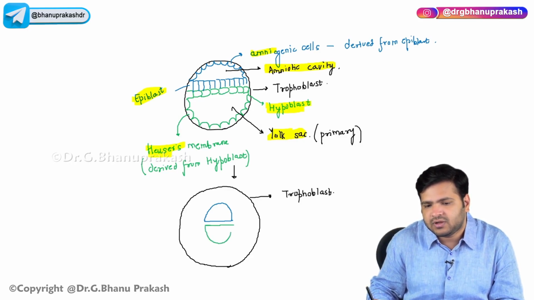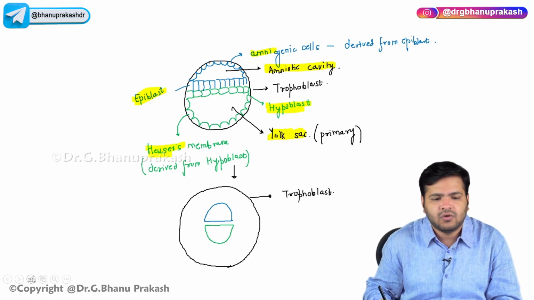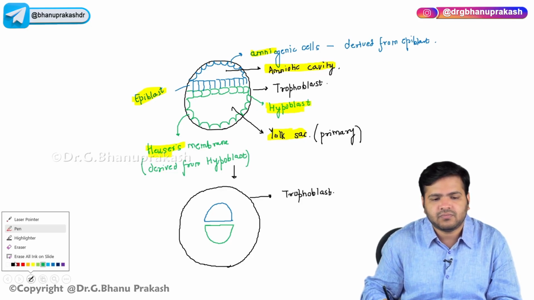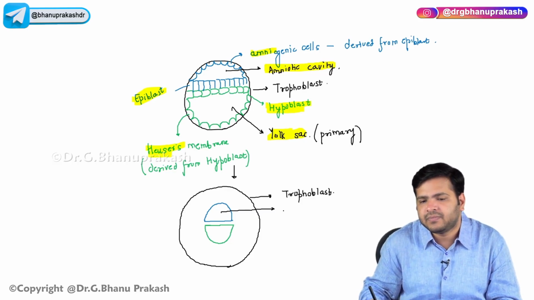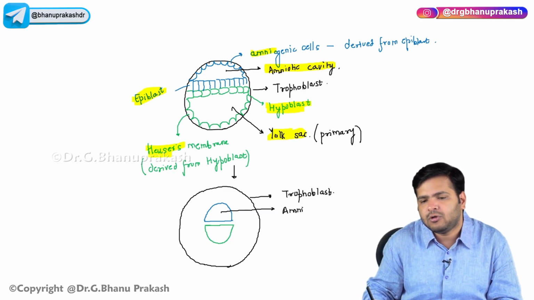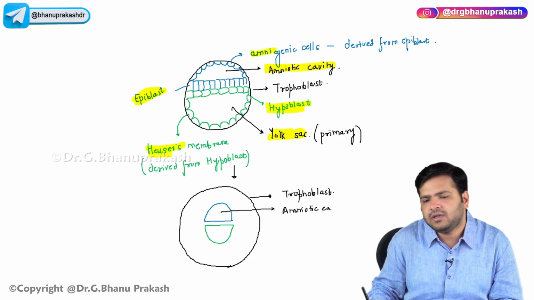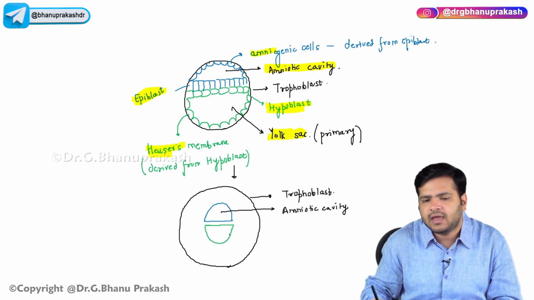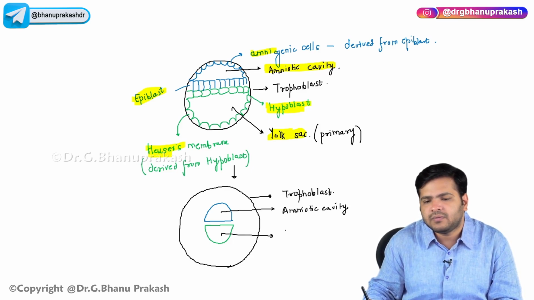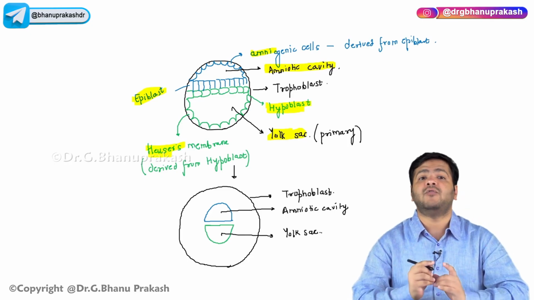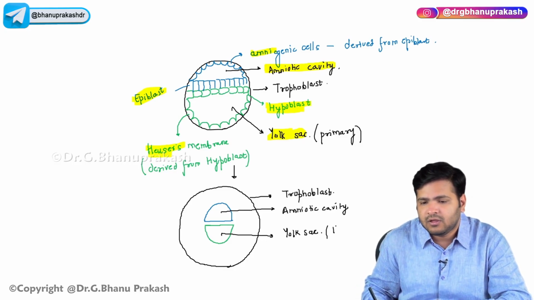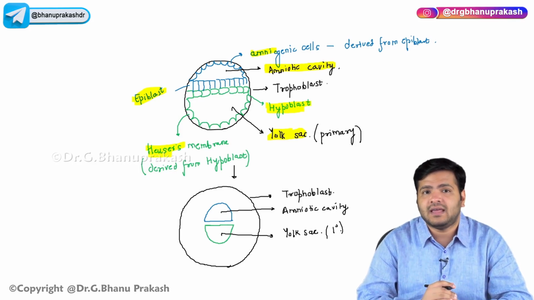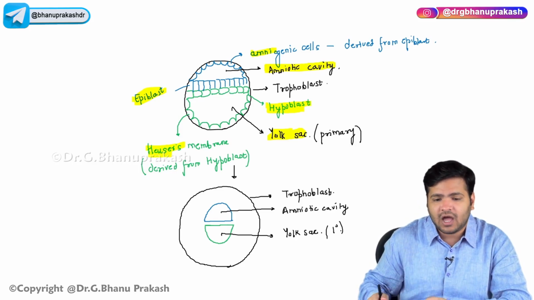Just to make it more clear, over here this is the amniotic cavity, and this is the yolk sac. Now what will happen? The walls of the primary yolk sac will proliferate and the cells will accumulate outside it.